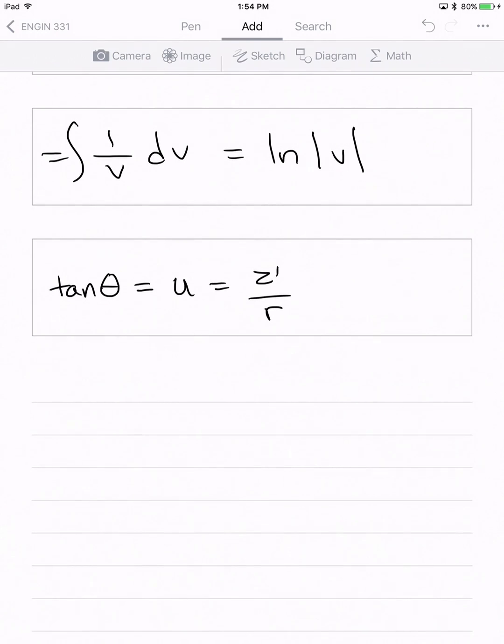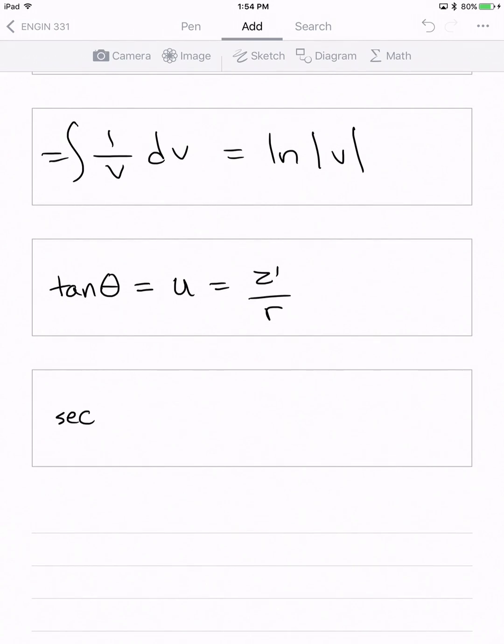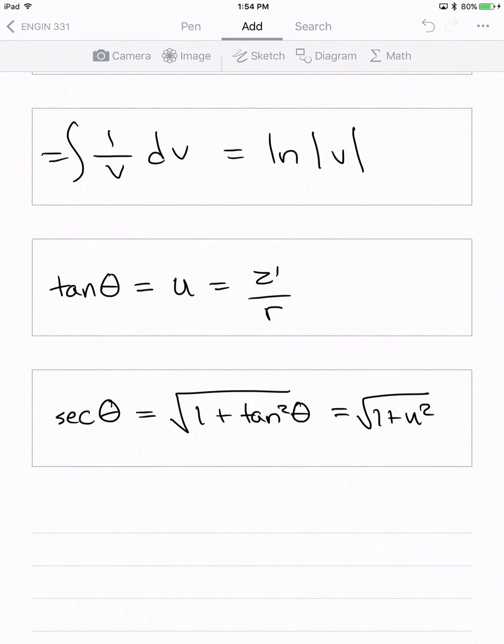And remember that secant theta is equal to the square root of 1 plus tangent squared theta, which is equal to the square root of 1 plus u squared.